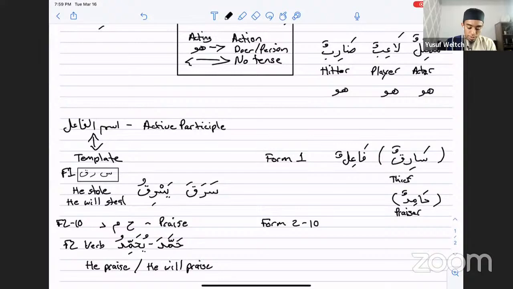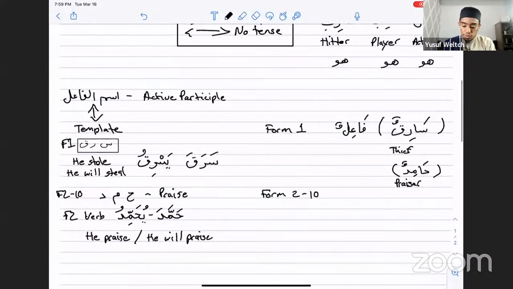Okay, all right, so those are verbs, right? We want to use the same root letters, ha, mim, dal, to make an ismul fa'il for form 2. Somebody mentioned it just now. Which of these 2 verbs do we use to form our ismul fa'il, the past tense or the present tense? The active present tense, مضارع معروف.